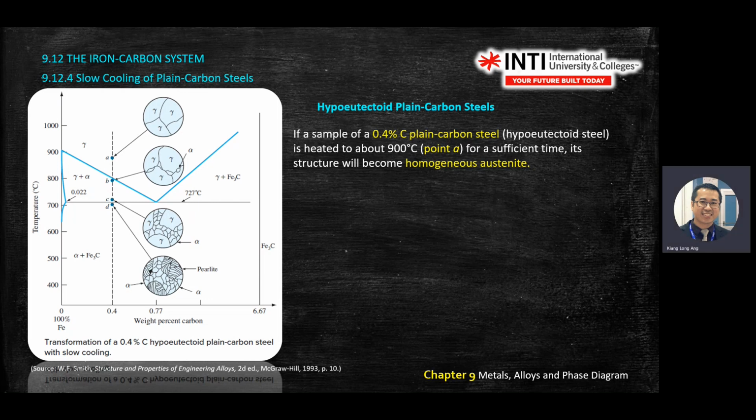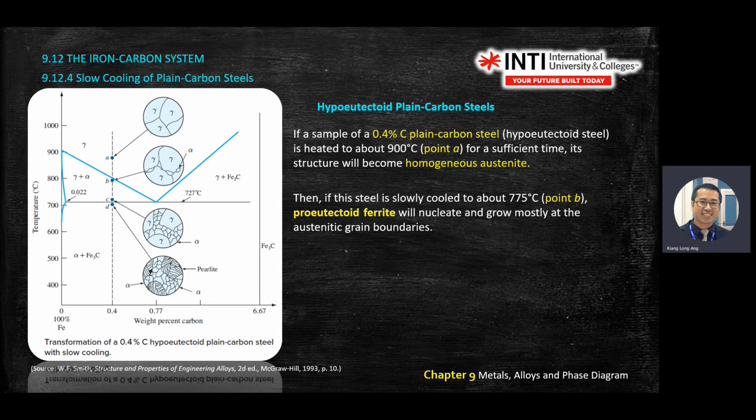Because we choose the left-hand side of the graph. It's heated to 900 degrees C. We pick one point here, 0.4%, and start from 900 degrees C. The structure becomes homogeneous again. So you see the word homogeneous, and then you link it to the temperature. As long as you heat the steel to a certain temperature and maintain it, you get a homogeneous structure.